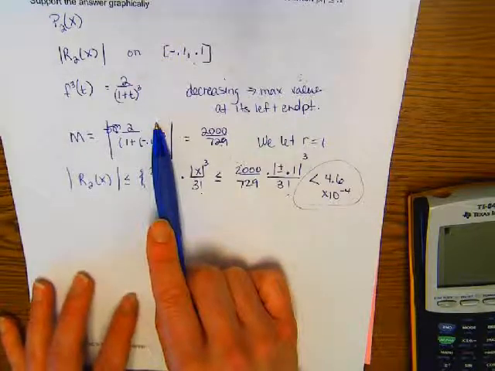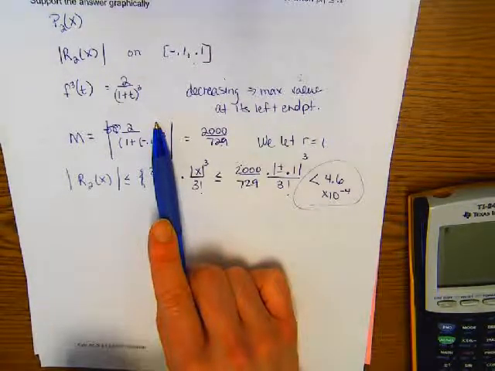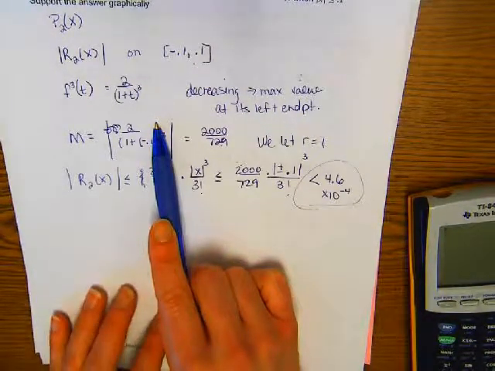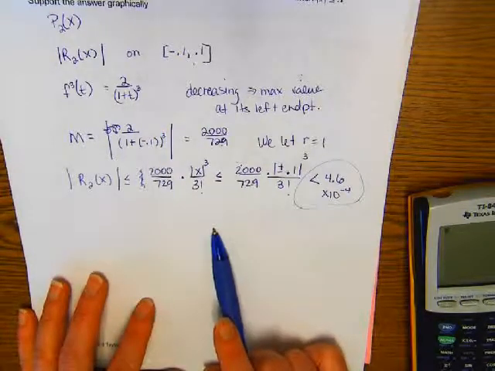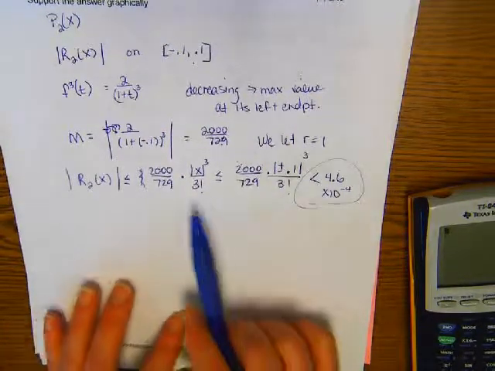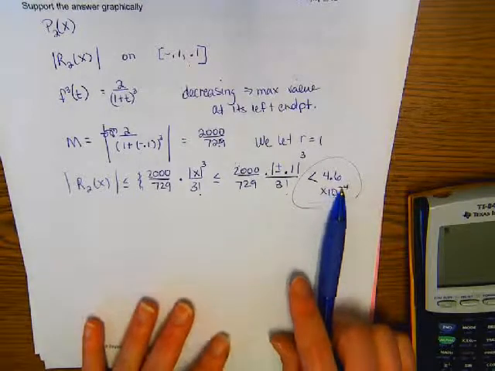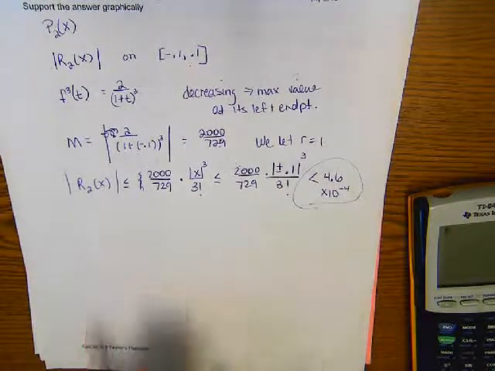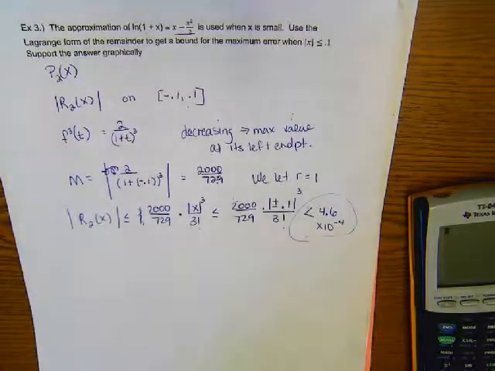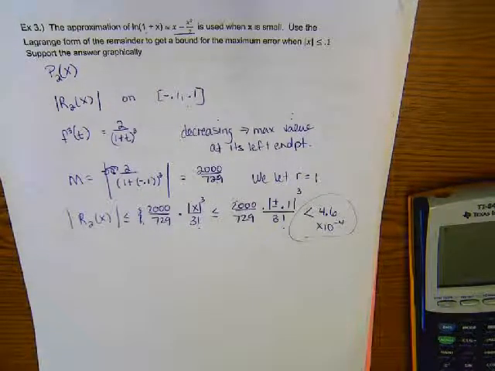What you find is it does almost have some odd symmetry to it, and you can even graphically take a look and find the maximum and confirm that it is less than that bound, and that's what we're looking for. So there's a little bit of how to use the Lagrange form of the remainder to get a bound for the maximum error.